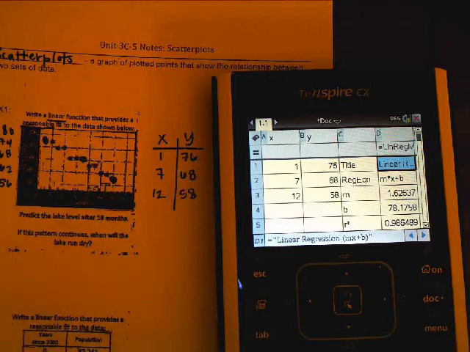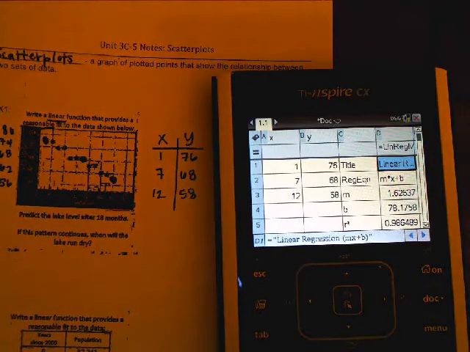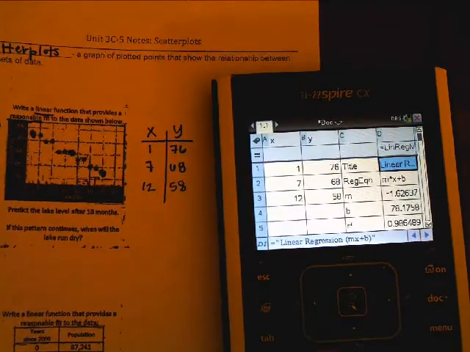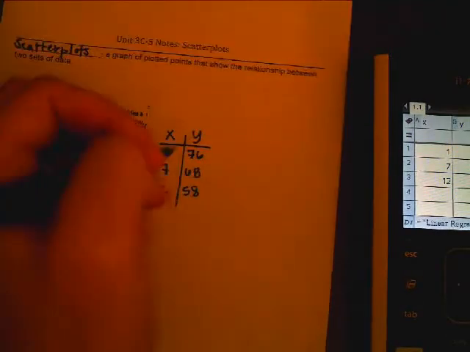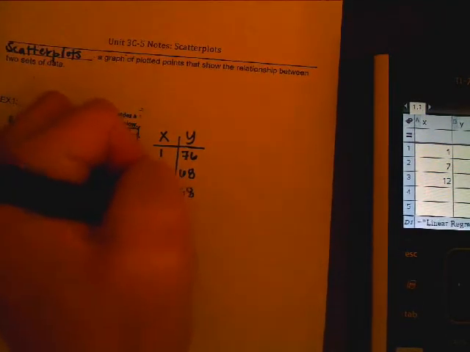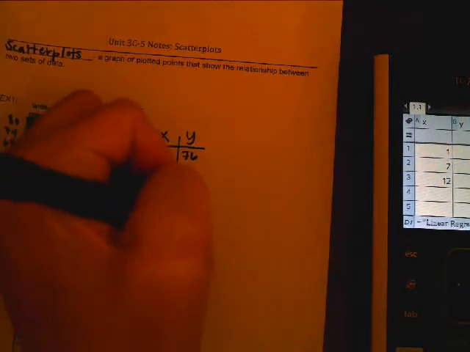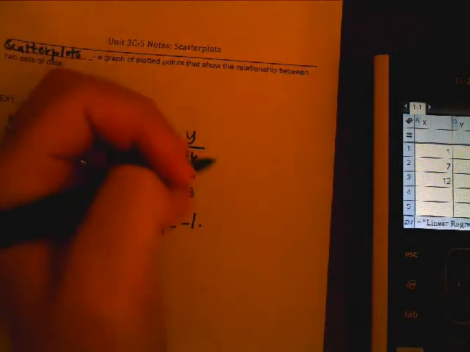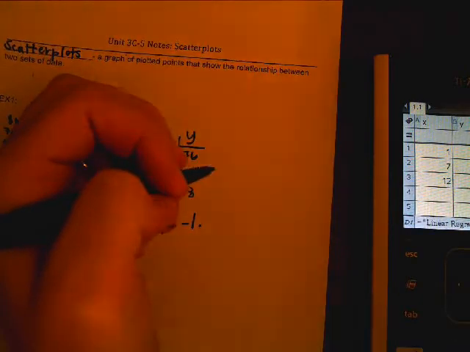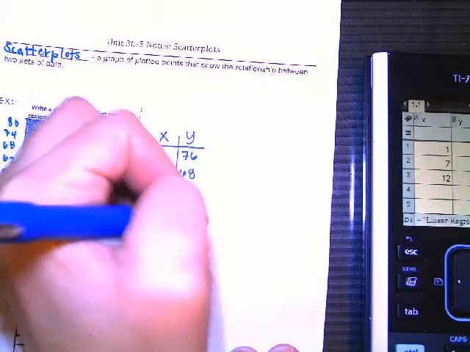Okay, enter, enter. All right, what does the R stand for? We're going to talk about that later. So I got these long decimals. I'm going to just round it to 1 decimal point. So y equals negative 1 point, how would you round that to 1 decimal point? 1.6. So negative 1.6x.